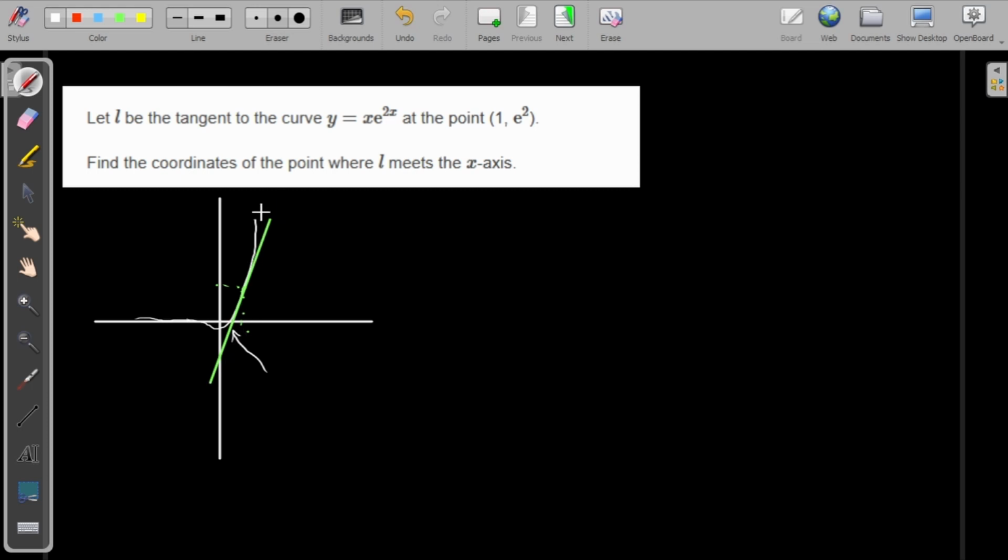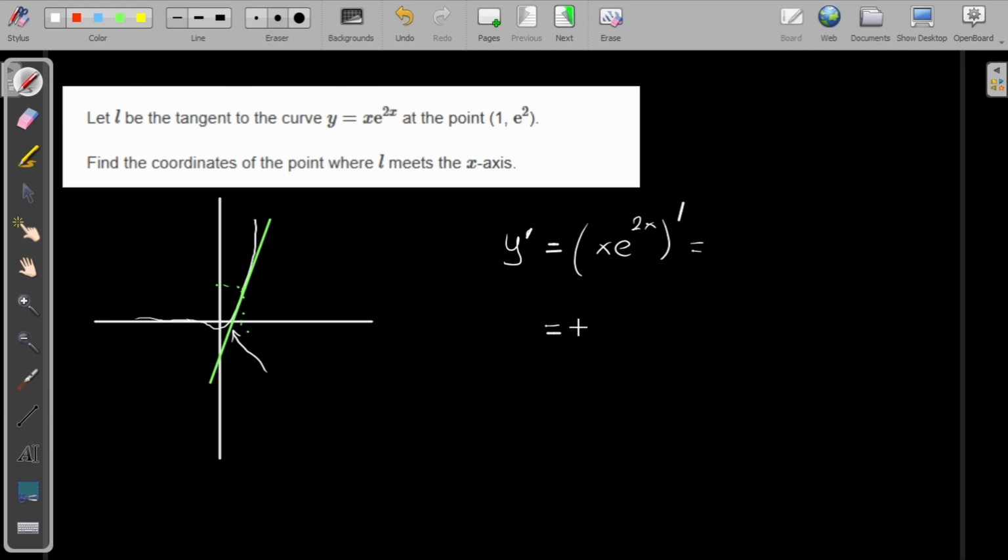Now this line is tangent to this curve. So since it's a tangent, I can find the gradient of this line. How? By taking the derivative of this function. So the derivative of y, the derivative of x e to the power of 2x, is going to be what? This is product rule and chain rule, as you will see.